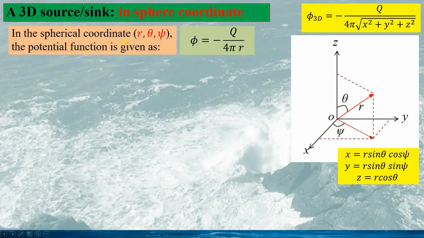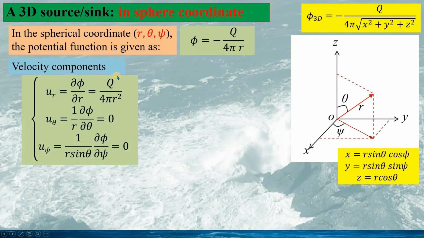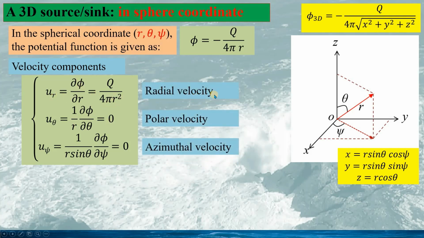Then in the spherical coordinates, the potential function would be simply given as this. The velocity components would be calculated as this. The radial velocity ur is given as this, the polar velocity u theta is 0, and the azimuth velocity u psi is 0, too.